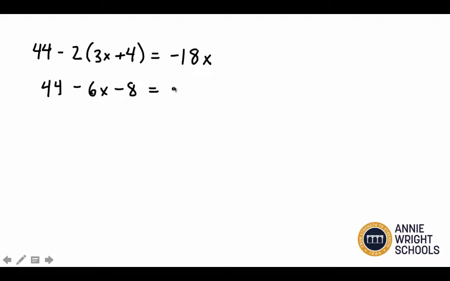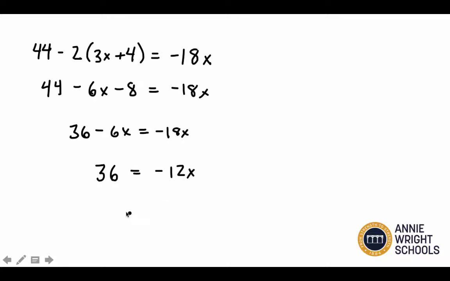And then I think you may collect like terms and say 44 minus 8 is 36. And then you might add 6x to both sides and say that 36 equals negative 12x. And then you may divide both sides by negative 12 to say that negative 3 is equal to x.